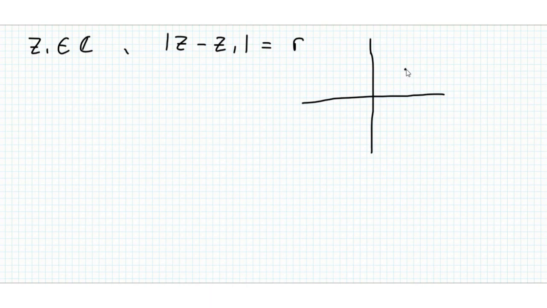So that there is z1, okay. And then we draw some circle of radius r, okay. And the points on this circle are all values of z that will satisfy this equation, okay.